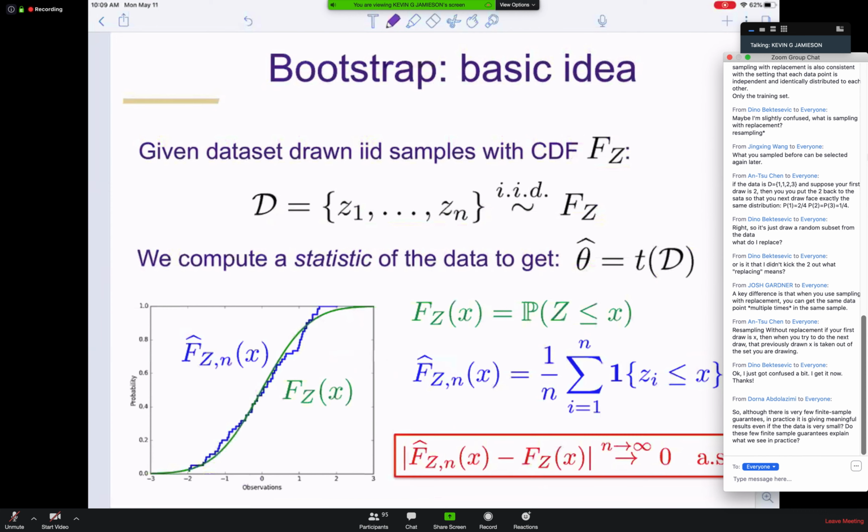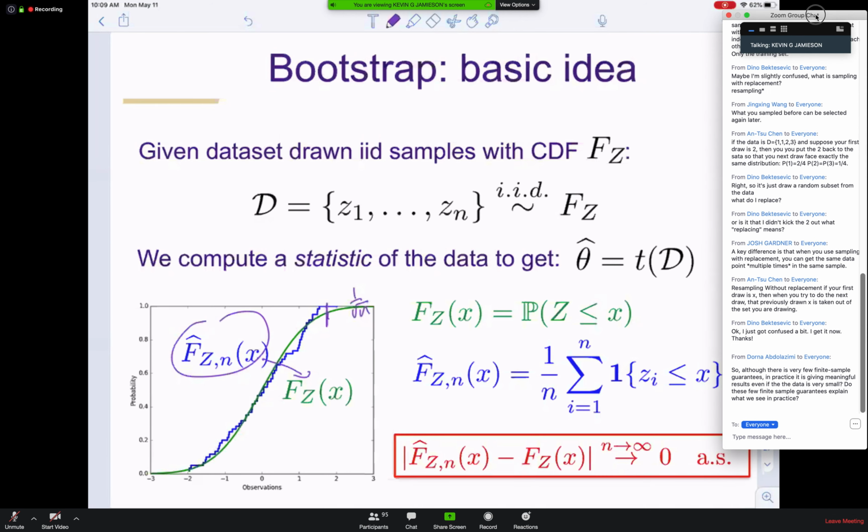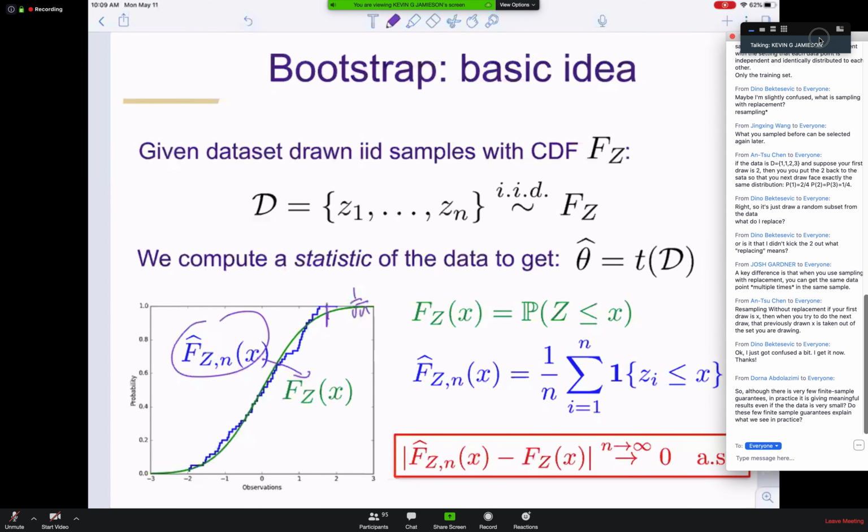It has everything to do with how quickly this function converges to this function. The difference here is going down like 1 over square root of n, no matter what. For any distribution, this difference is going down like 1 over square root of n.